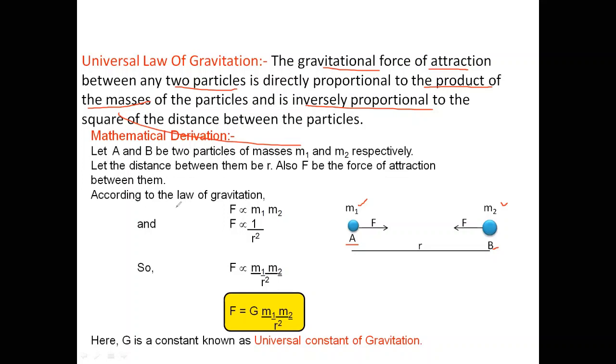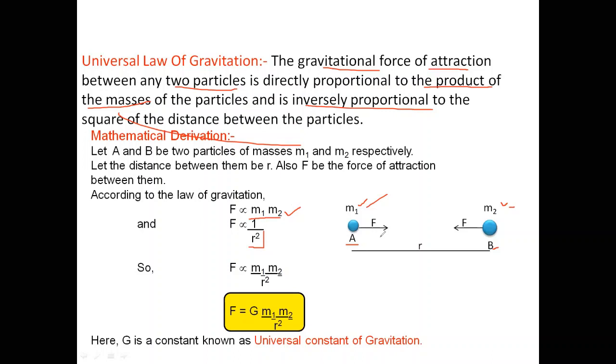So according to the law of gravitation, F, the gravitational force of attraction between masses m1 and m2, is directly proportional to m1 into m2, the product of their masses, and also inversely proportional to the square of the distance between them. Here r is the distance between m1 and m2.